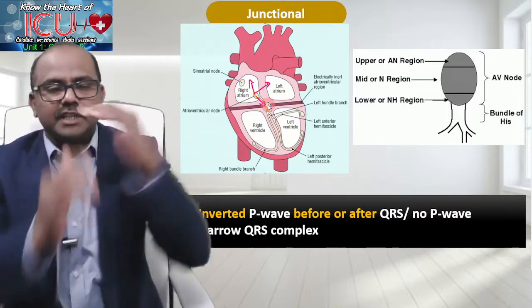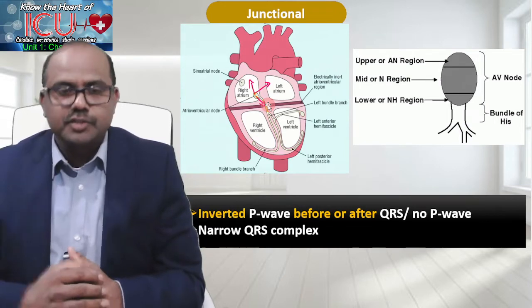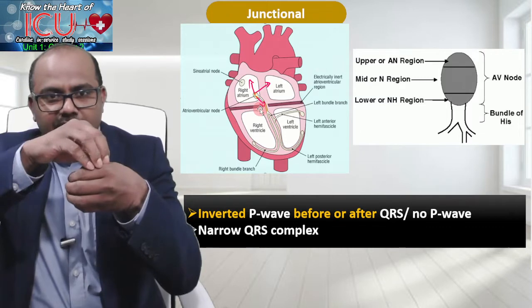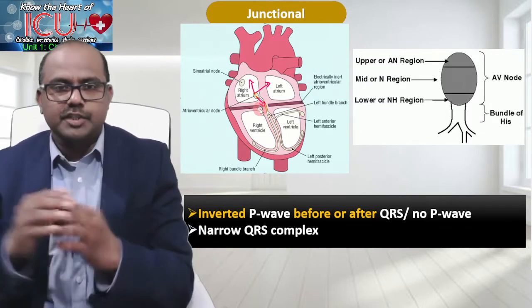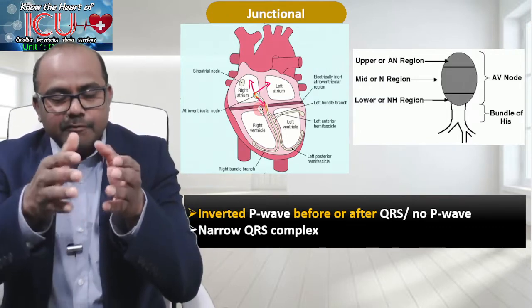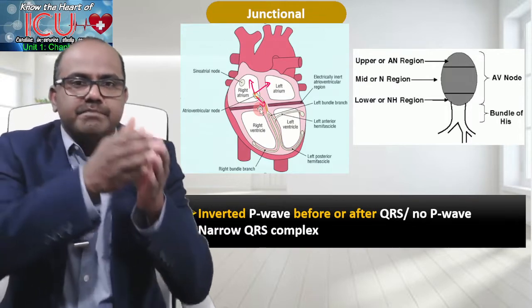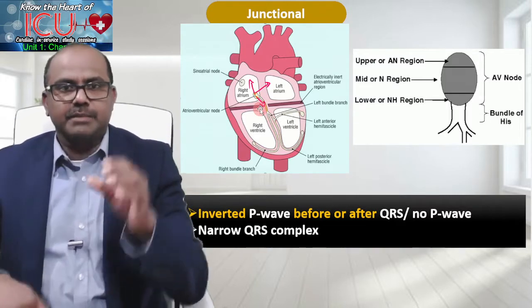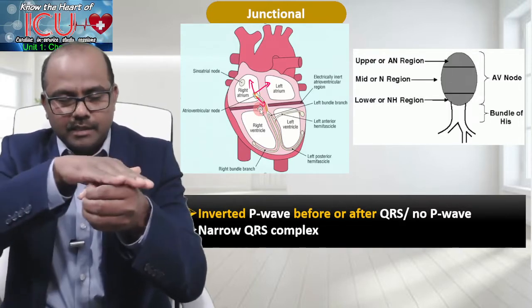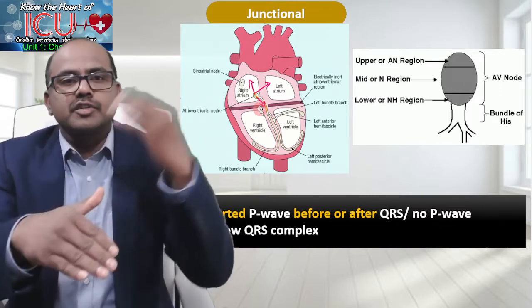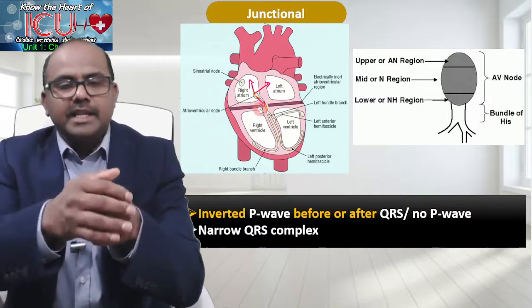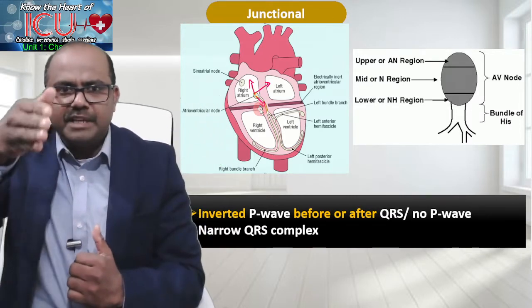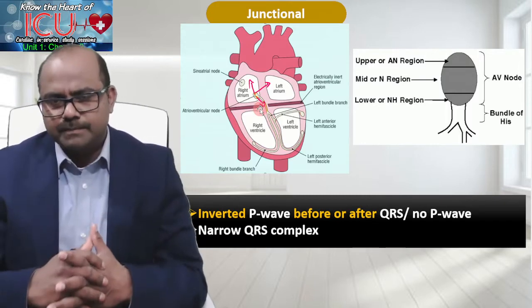And because it's the upper part of the AV node, which is closer to the atria than the ventricle, the inverted P wave will be just before the QRS complex, because the impulse reaches the atria first, then the ventricle.